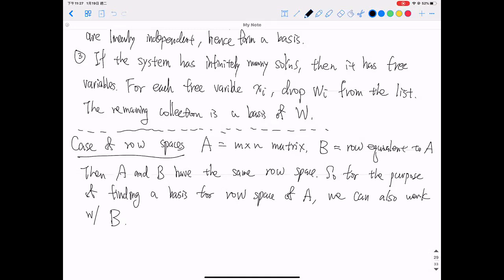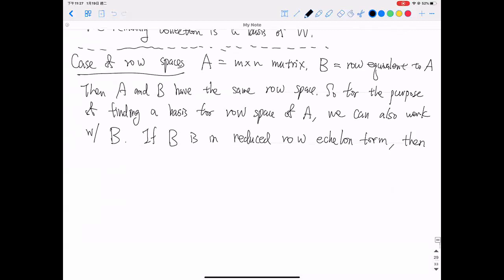Now here's the observation. If B is in reduced row echelon form, then B looks like the following shape.